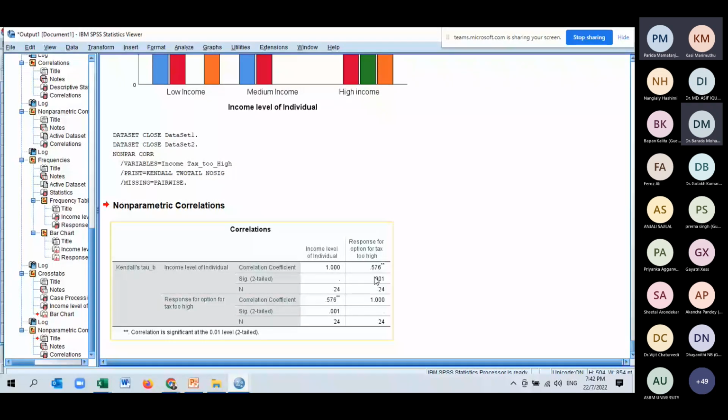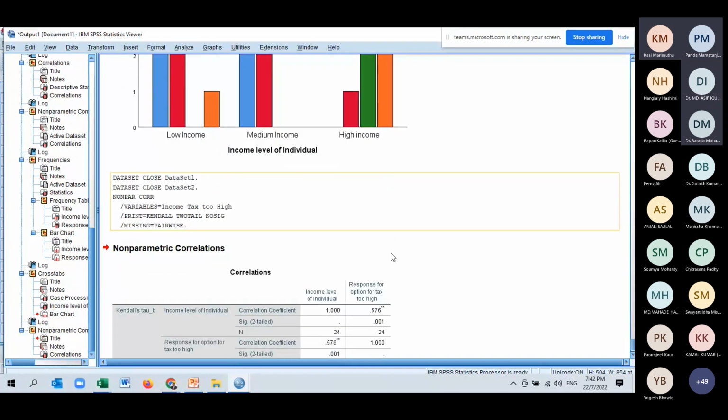Sir, if we have the scaled variables, but those are not... You need to go for Spearman, ma'am. Kendall's tau means ordinal. Not normal data, go to Spearman. Both are continuous.